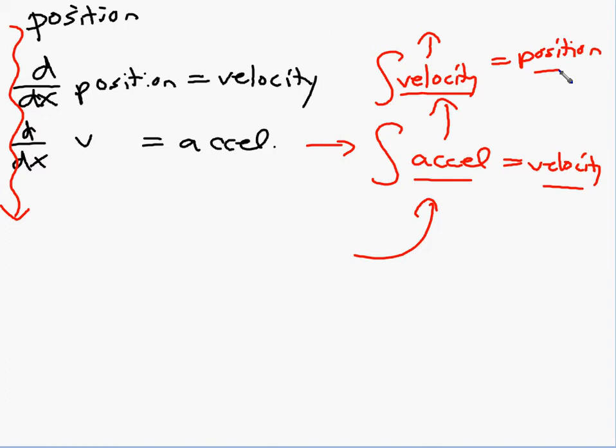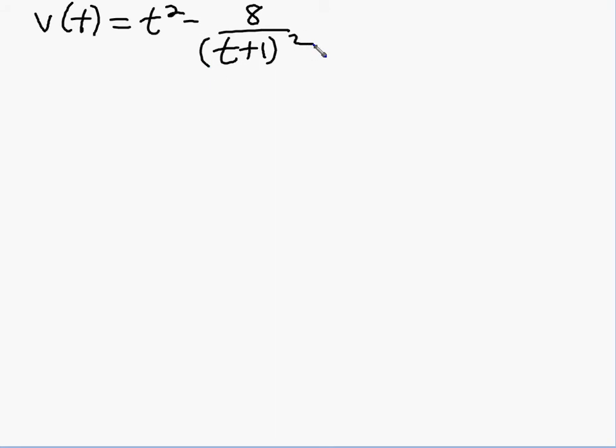So, let's come back to that function we worked with a second ago. The v of t equals t squared minus 8 over t plus 1 quantity squared. And let's also add this little tidbit that it is modeling horizontal movement. We're used to dealing with that. But I'm going to add a little piece of information here.